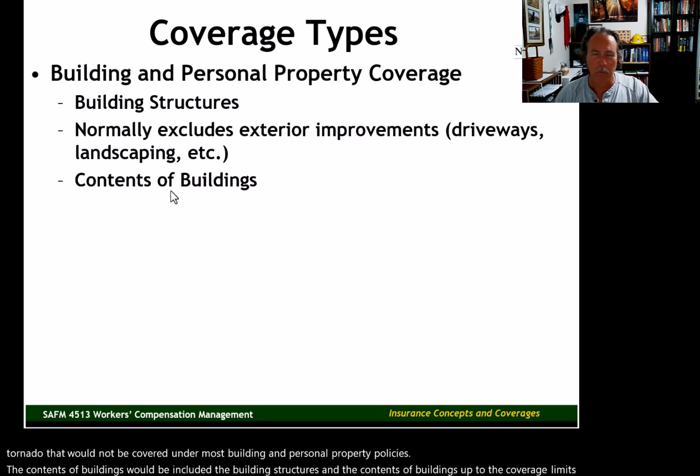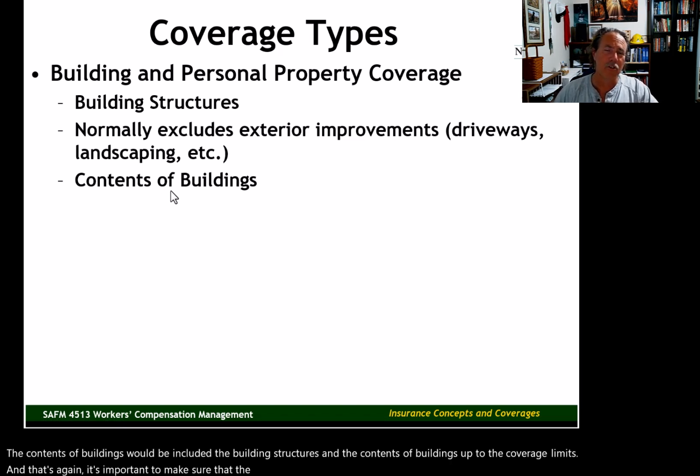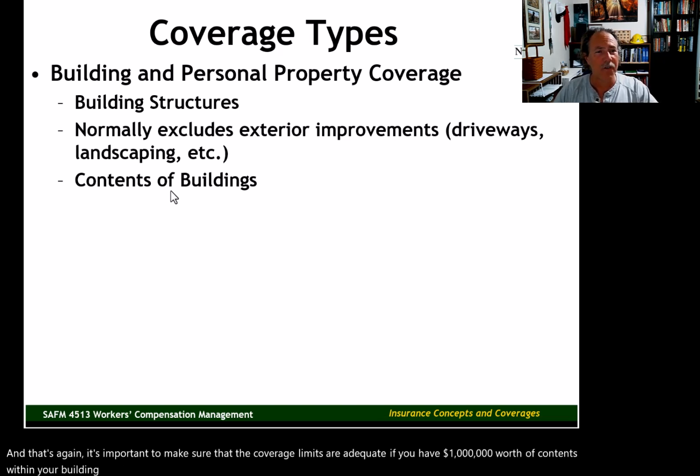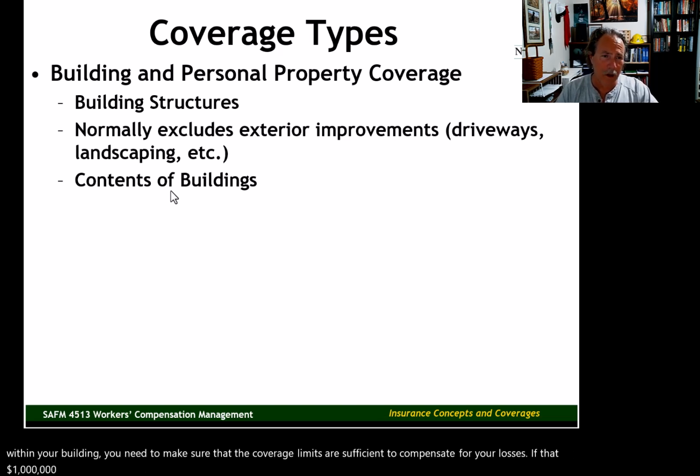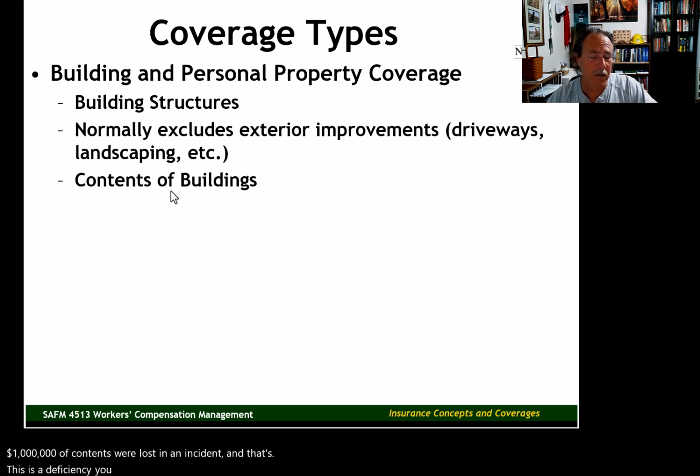And again, it's important to make sure that the coverage limits are adequate. If you have $1 million worth of contents within your building, you need to make sure that the coverage limits are sufficient to compensate for your losses if that $1 million of contents were lost in an incident. And this is a deficiency you see a lot with policies. They have coverage, but it's not sufficient. The limits are inadequate.